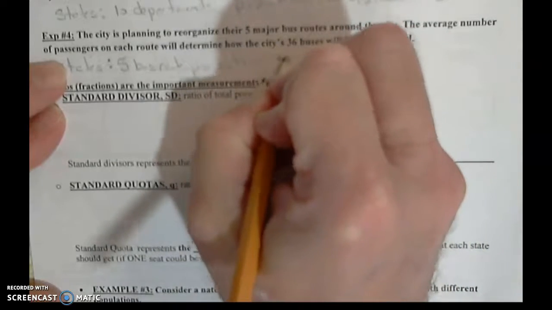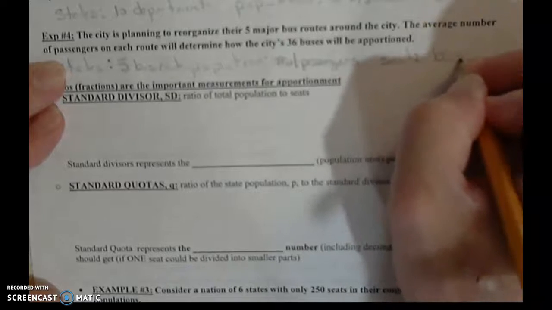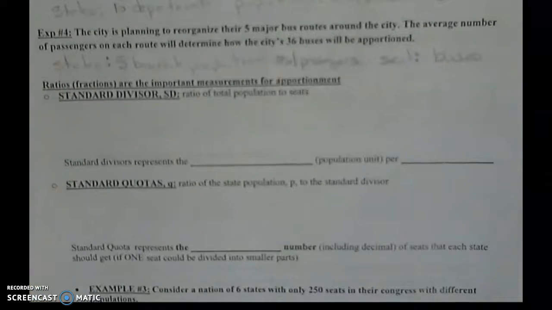My population is determined based on the number of passengers. And so my seats would be the buses. How many buses are put onto each route? So that's just some practice on who the states are, what the seats are, and how it's determined, which would be your population.